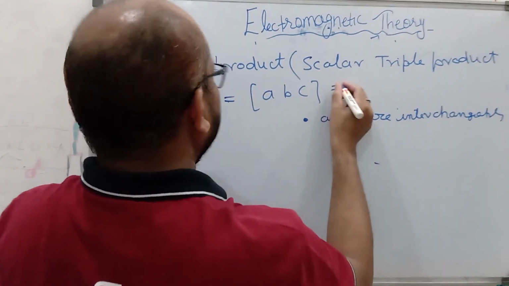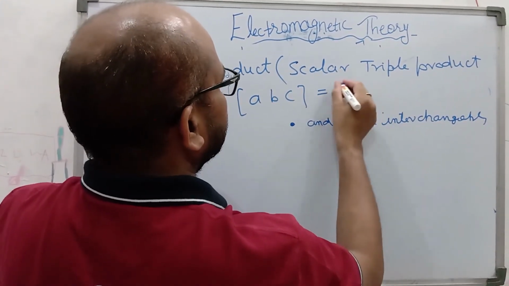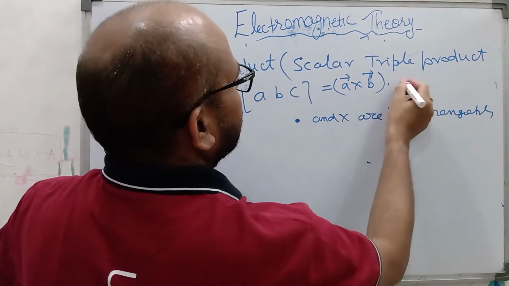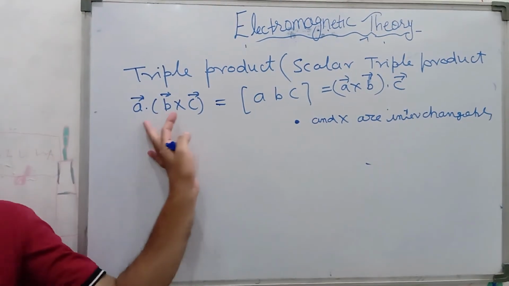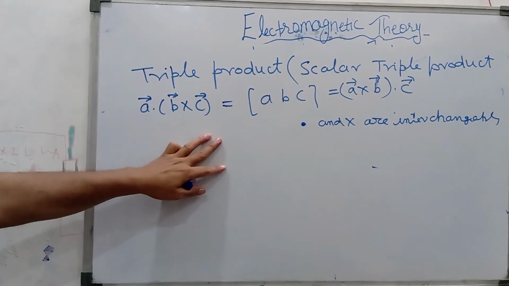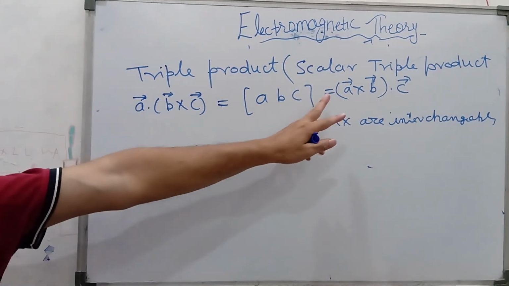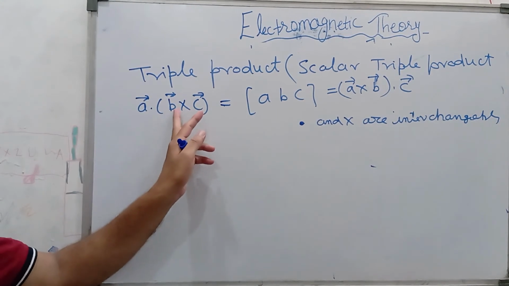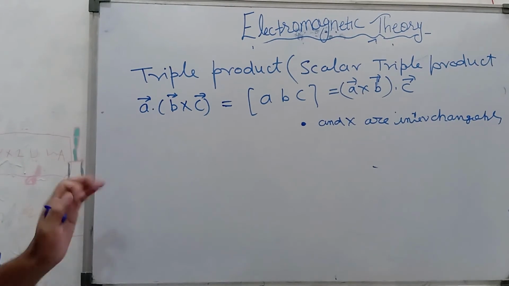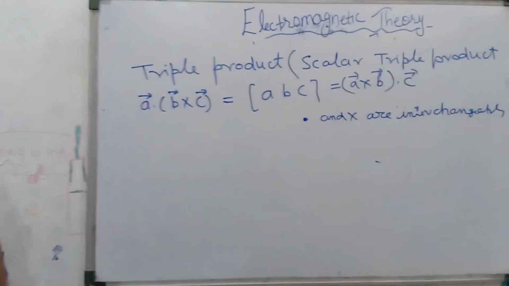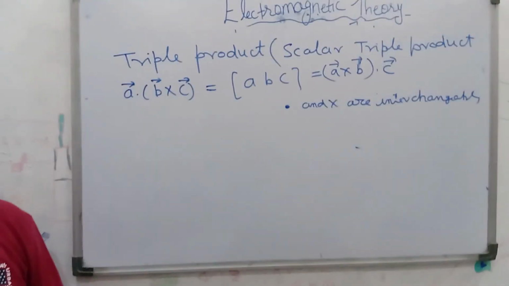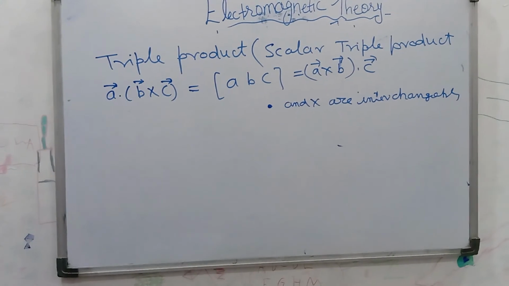So simply A cross B dot C, A cross B dot C. Geometrically, the triple product can be interpreted as the volume of a three-dimensional parallelepiped formed by the three vectors.